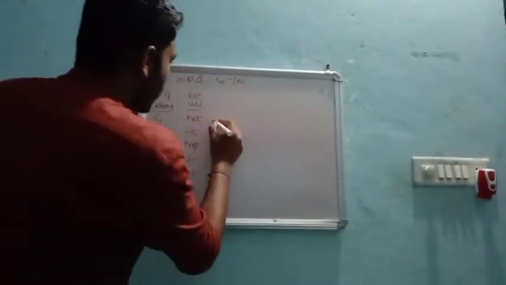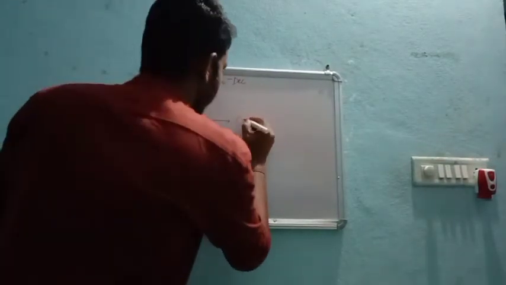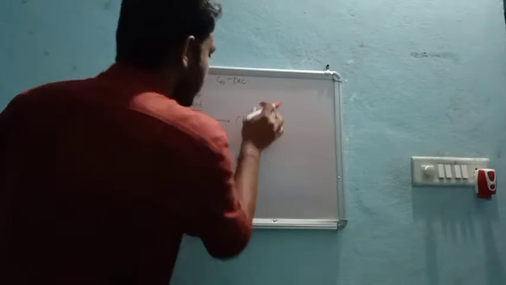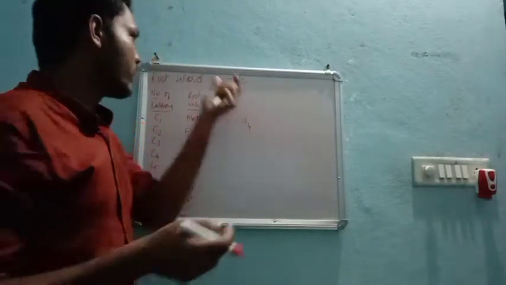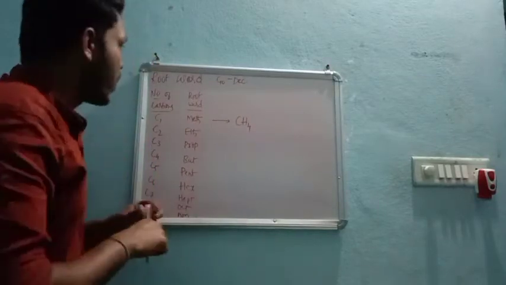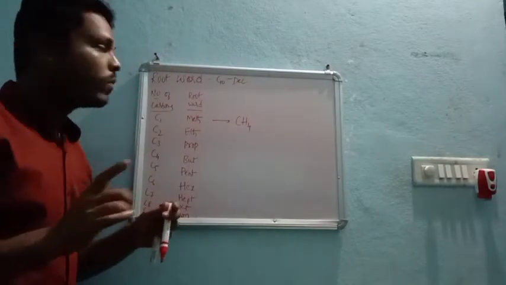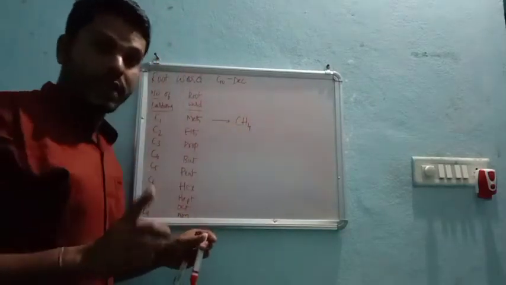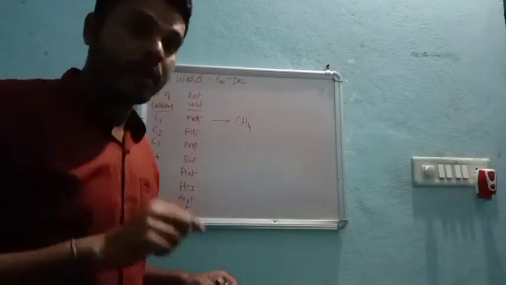If the given organic compound is like this, one example I will show you. This is the organic compound given for us to name, right? According to the common way, first we should check how many carbon atoms are present in the given compound.